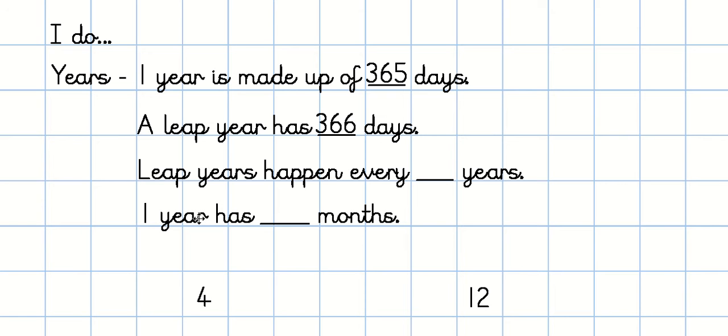And a leap year happens every 4 years. And 1 year has 12 months. So we know that 1 year is made up of 365 days, except a leap year, which has 366 days. And a leap year happens every 4 years. And that 1 year has 12 months.